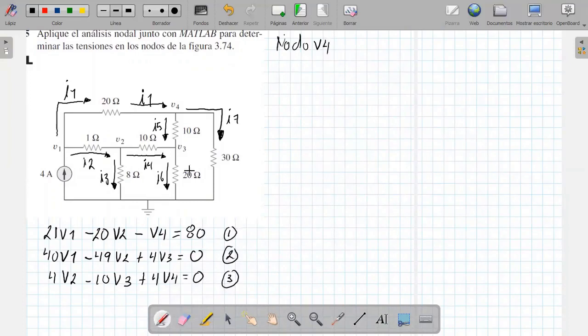Now we're going to work on node V4. Here we observe that the currents that enter are I1 and I2.